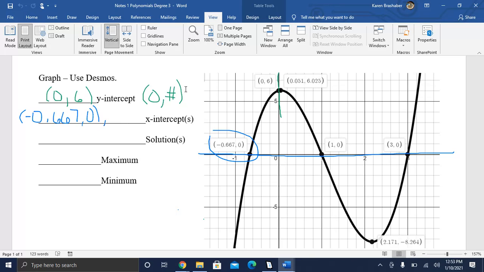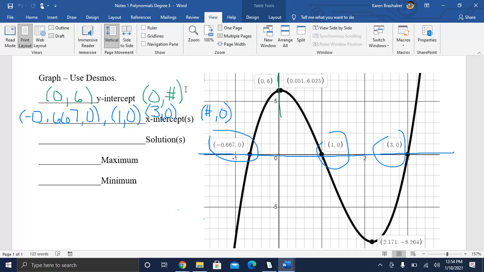And then your second one is 1, 0. And our third one is 3, 0. So all of these are some number and then 0. So 0 is in the y position.